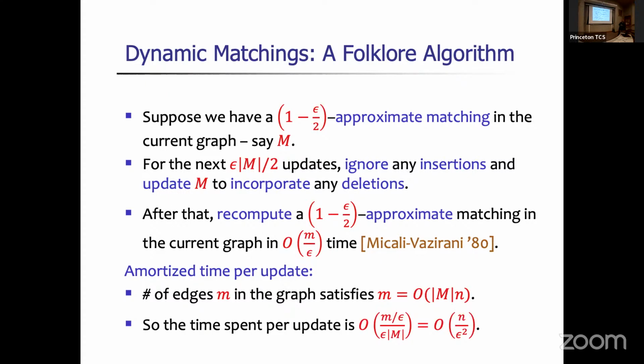And then it's just a simple calculation. The work we did divided by the total number of updates gives us the update time. The time we are spending per update is bounded by order n over epsilon squared. Okay. So that's what you can get for maintaining a 1 minus epsilon approximate matching.